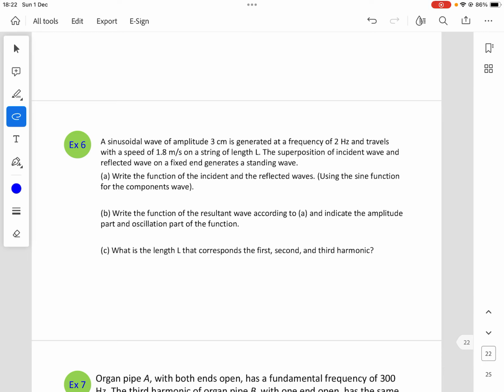Write the function if you still remember. Okay, this is also using psi function of the component wave, so you can rewrite wave 1. I can say this is the incident, so yi of x,t is 3 centimeter of amplitude, and psi k is... we only know the wave speed, right?